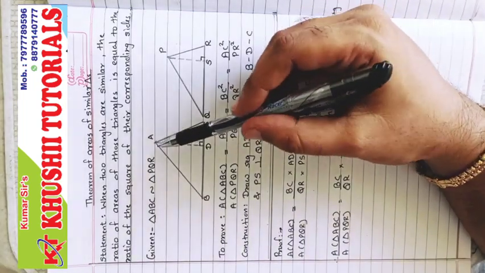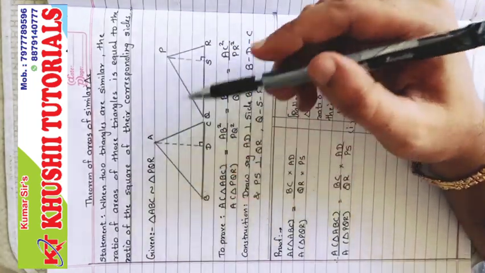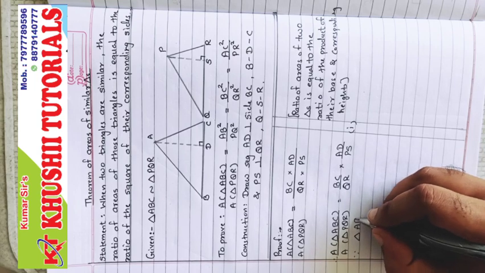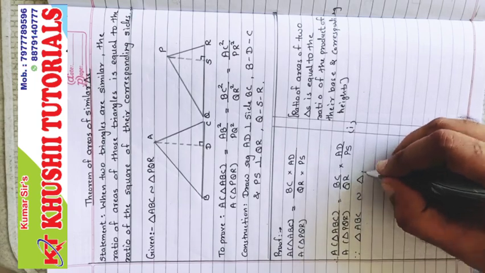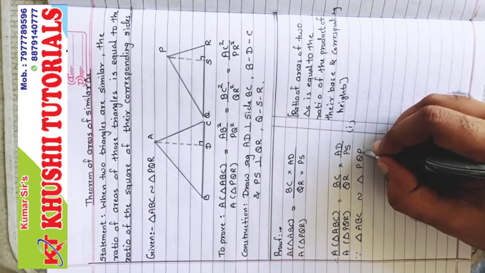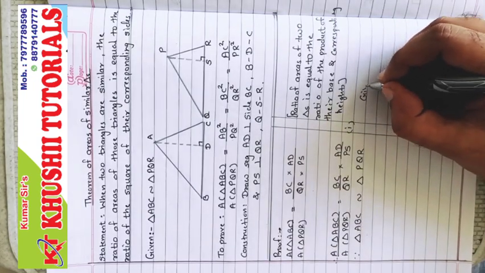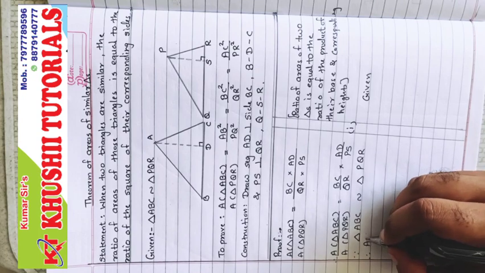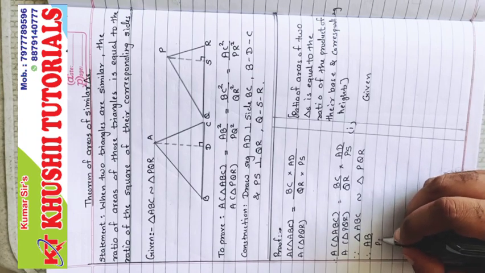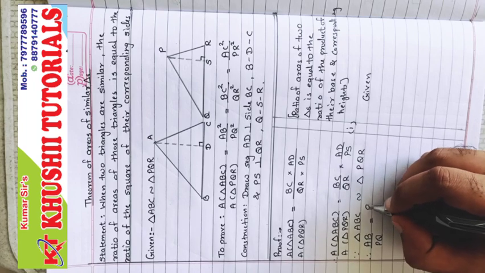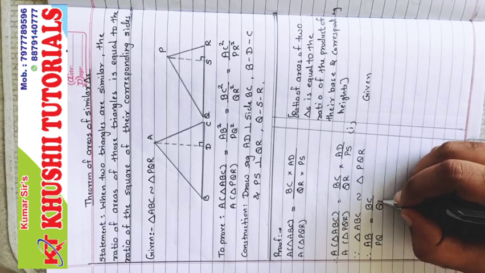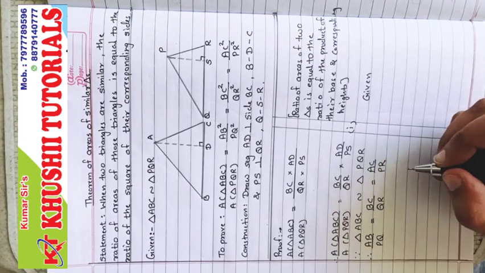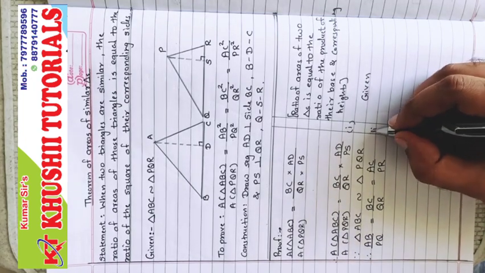Now already we know triangle ABC is similar to triangle PQR, which is given. As triangles are similar, sides are proportional, so we'll write AB upon PQ equal to BC upon QR equal to AC upon PR. We'll mark this as 2.